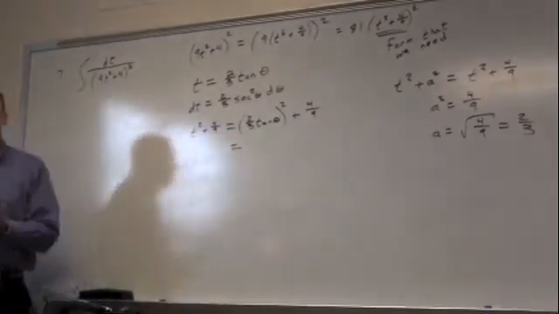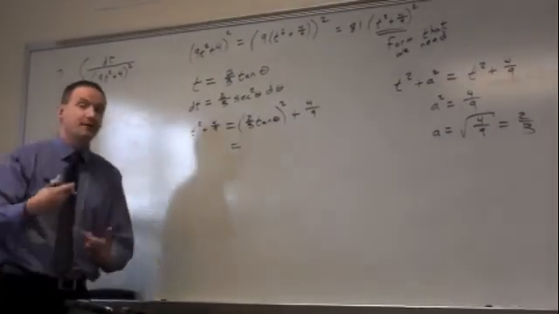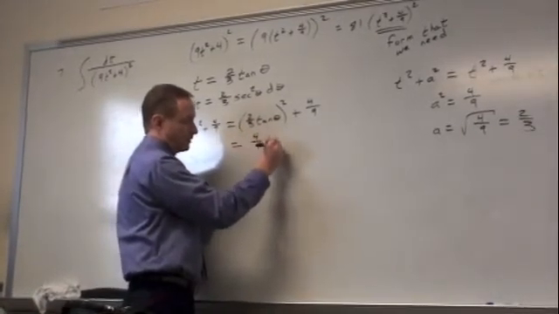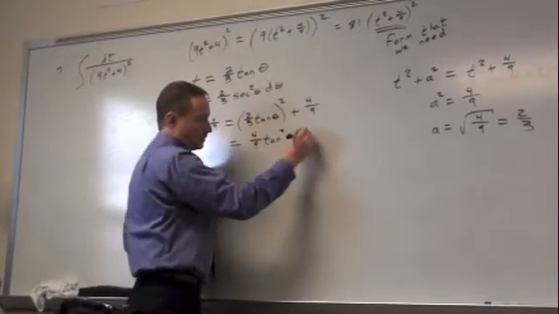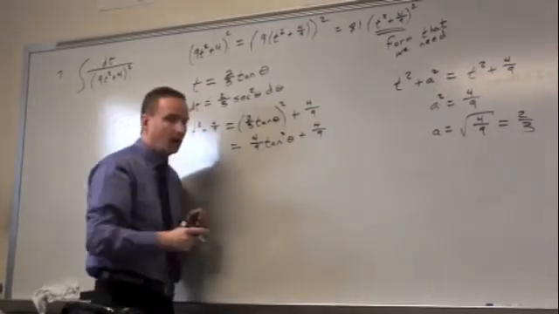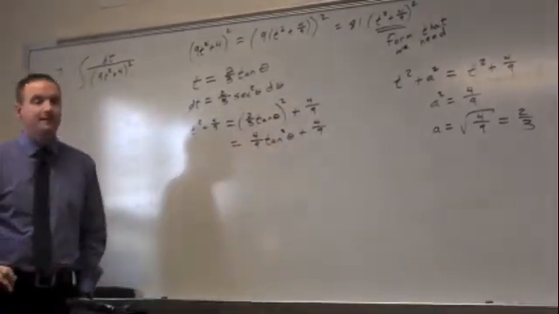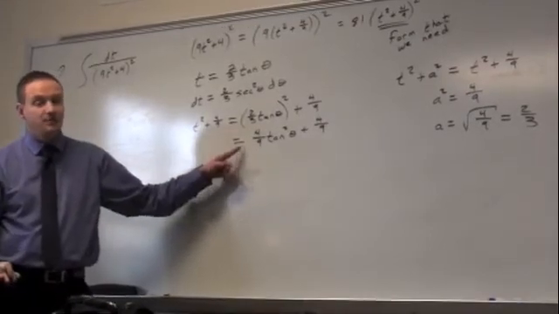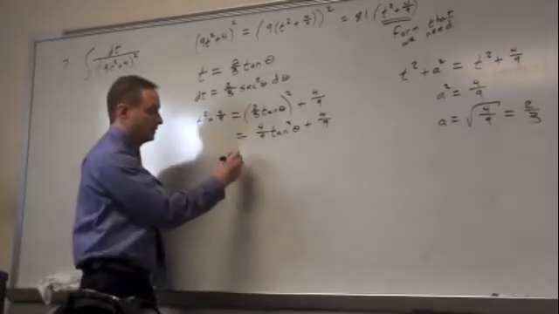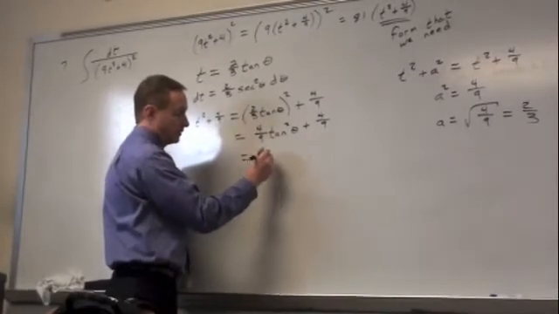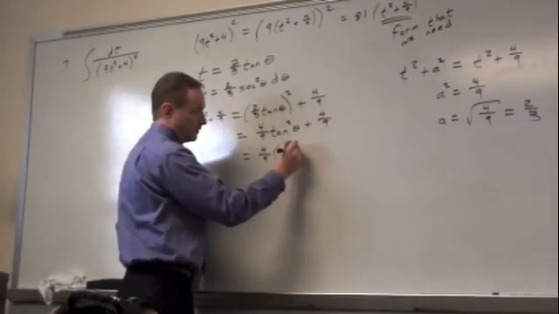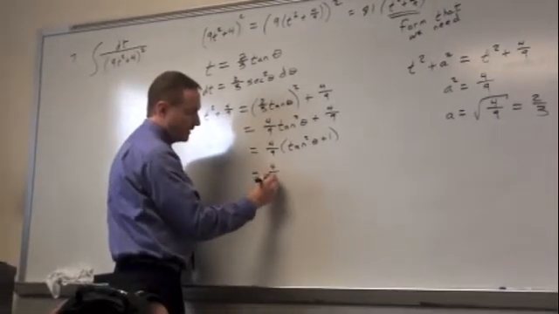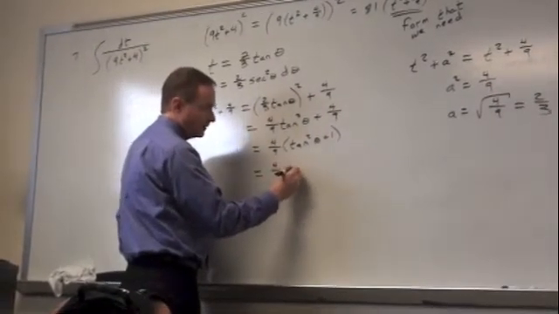That's going to give me 4 over 9 tangent squared theta plus 4 over 9. And you know up front there was a reason that we did this, because it's going to simplify to be 4 over 9 times tangent squared theta plus 1. So I'm getting 4 over 9 secant squared theta.